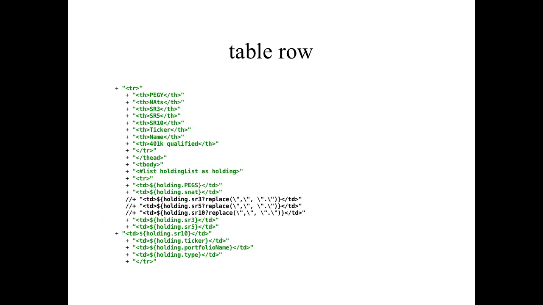Here's the rest of it. So now we can see holding dot, this is the price to earnings ratio divided by the growth. We have the Sharpe ratios and the ticker name, and you can see now here's the ticker name, and here's the portfolio name, and all of these things, the Sharpe ratios, are available to us in the table data.